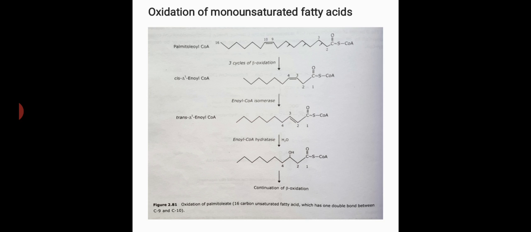Thus, the enzyme isomerase catalyzes the cis-trans isomerization and transfer of double bond position. This enzyme is therefore very important because, unlike trans double bonds introduced during beta oxidation, the double bonds of most naturally occurring unsaturated fatty acids have a cis configuration.